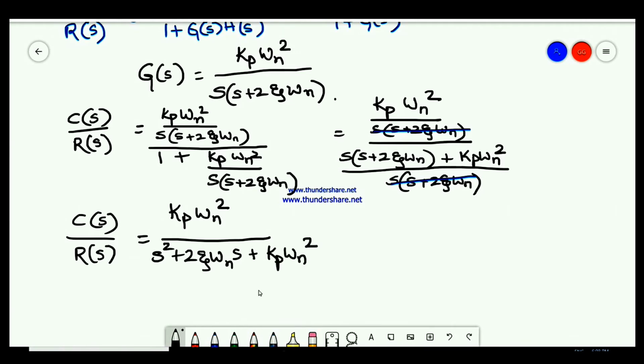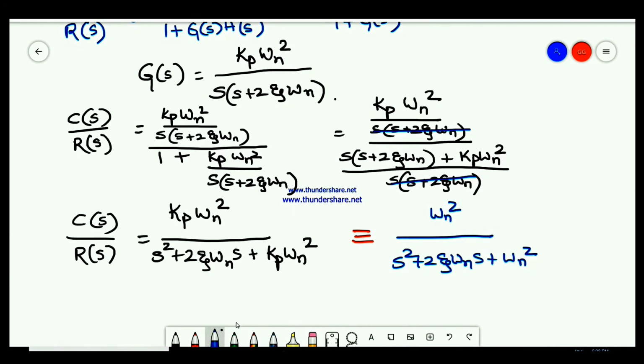Okay, so this is the total transfer function for a proportional controller. When we compare this with the second order equation, omega n square by s square plus 2 zeta omega n s plus omega n square, you see that the term Kp into omega n square has Kp multiplied with the natural frequency.